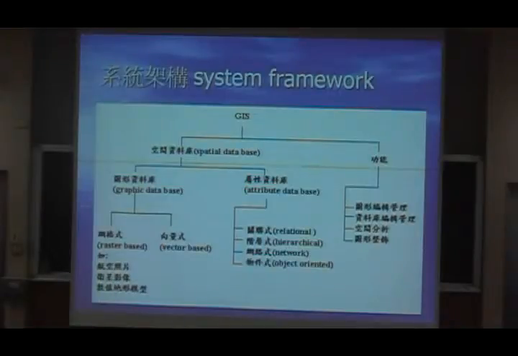OK，这张是 System Framework，所以所谓的一个 GIS，我们把它分两部分，一个是 Data, Spatial Database and Functions. Under the Spatial Database, we can classify it into two classes. There's a Graphic Database, Attribute Database.